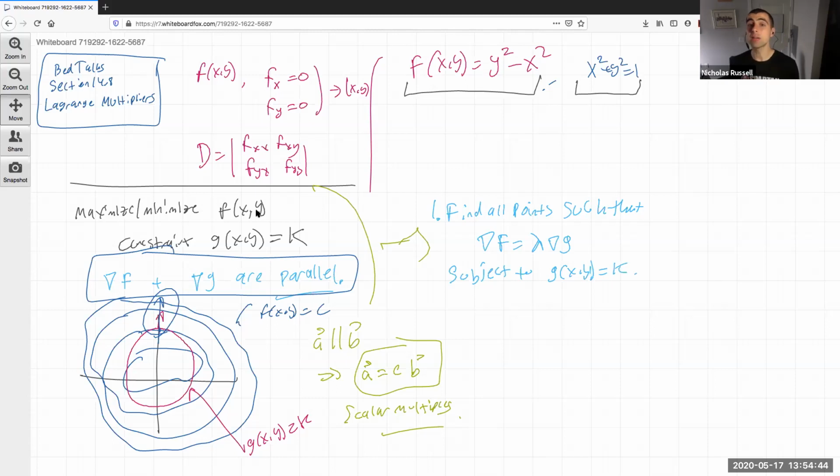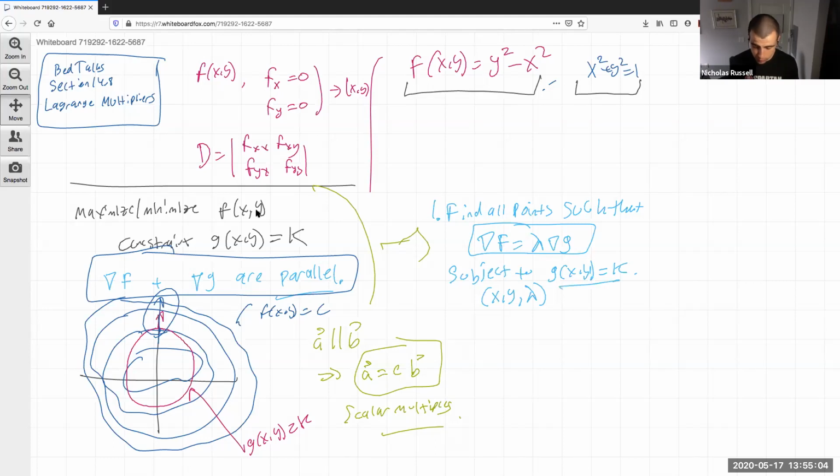Now, I want you to think about what's happening here. Let's say this is two variables. I want to find all points such that this happens. So I want to find all x, y, and lambda such that this happens.